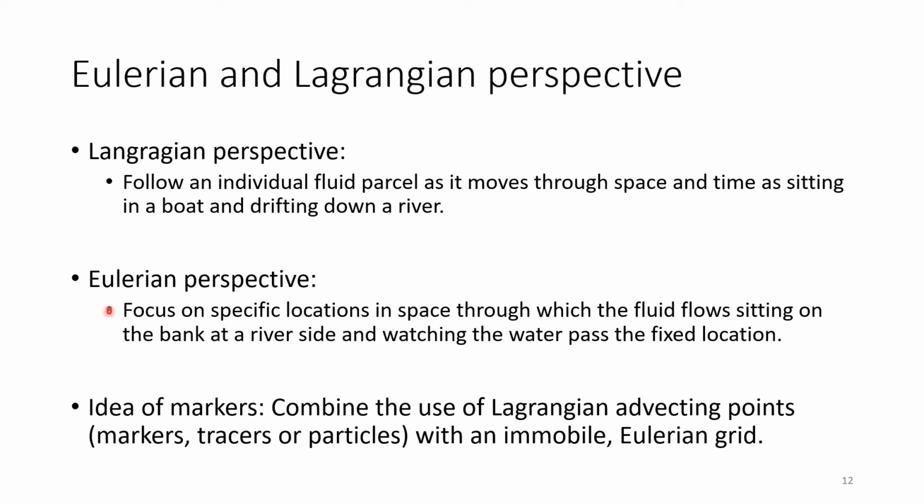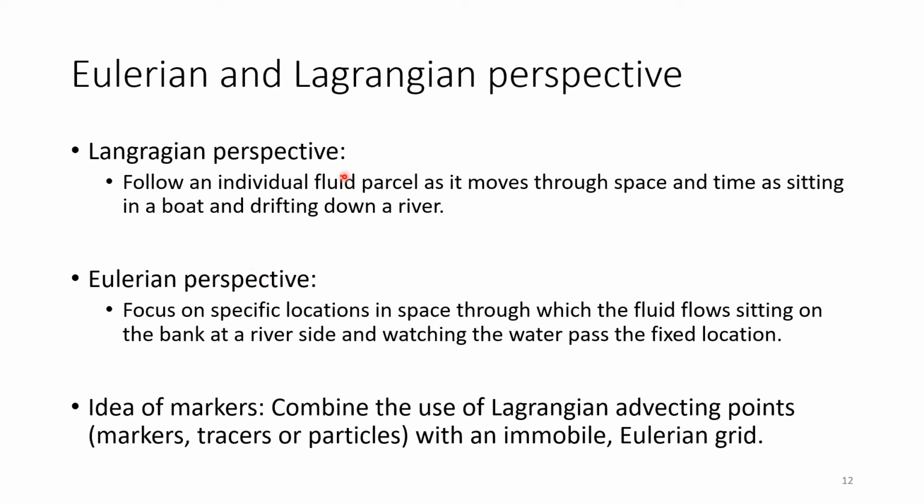Right, and the combination of both, of course. Numerically, we always have this Eulerian perspective, so we have our general coordinate system, our numerical grid. But the idea of all those point cloud particle models, whatever you will call it, is combining both perspectives.